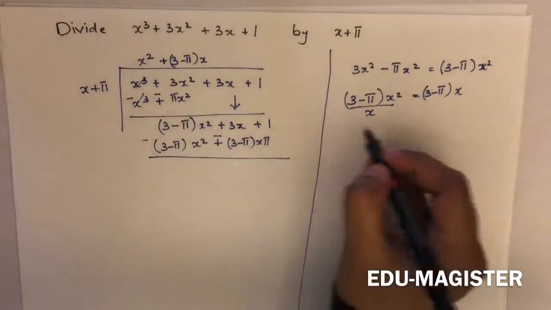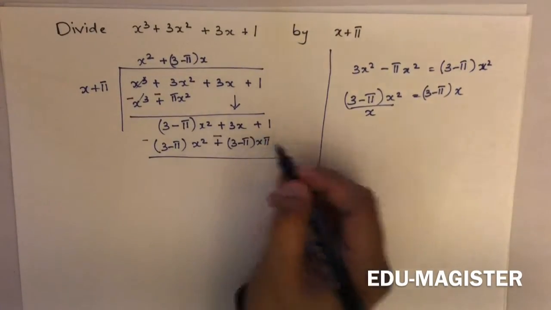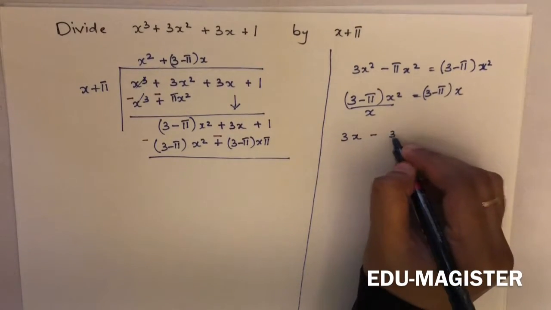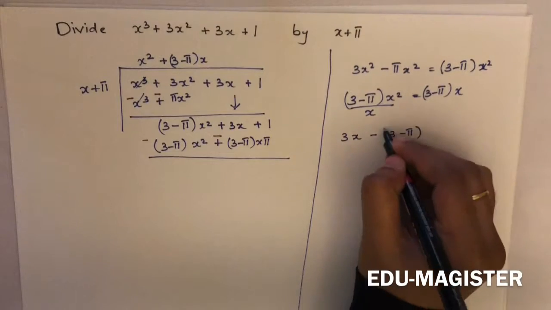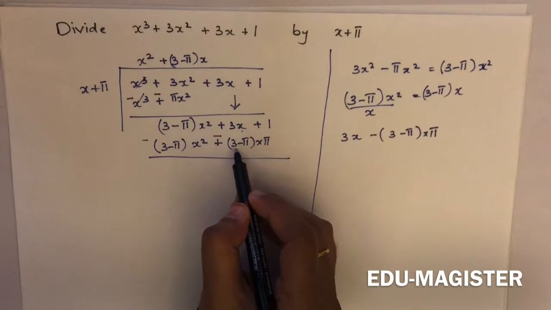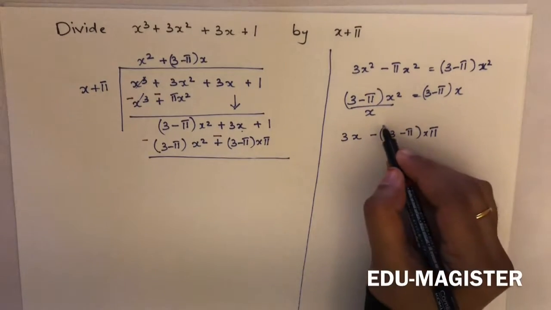Now this will do the subtraction. 3x minus 3 minus pi x pi.